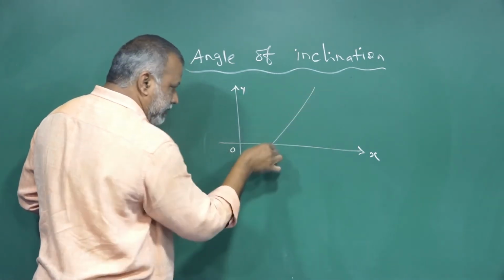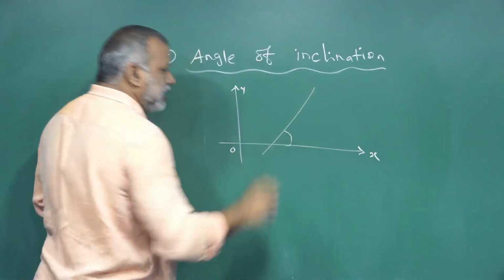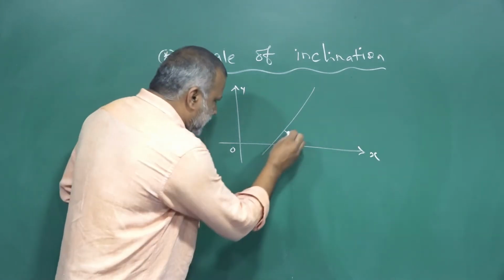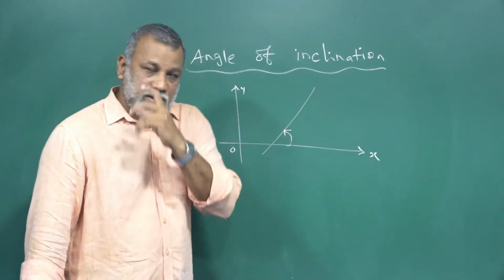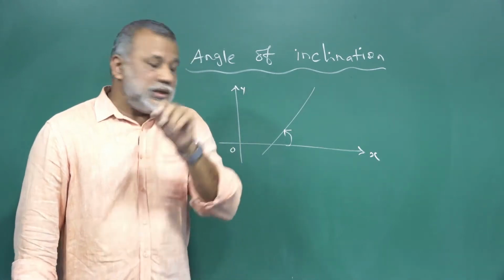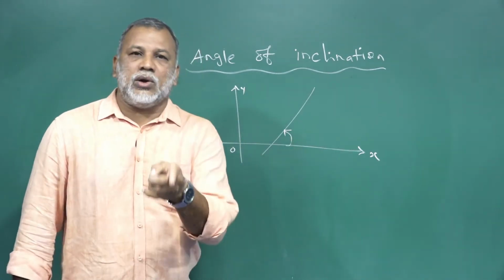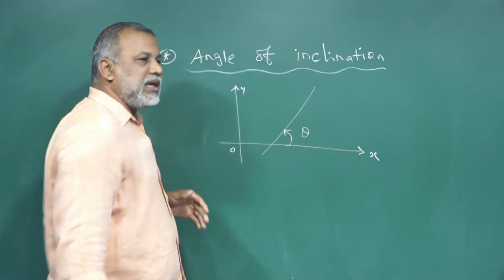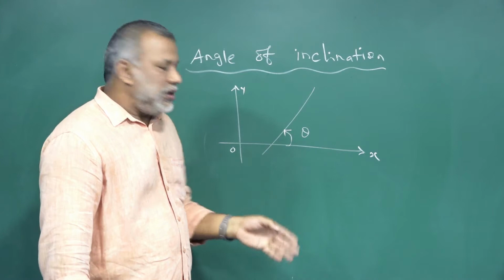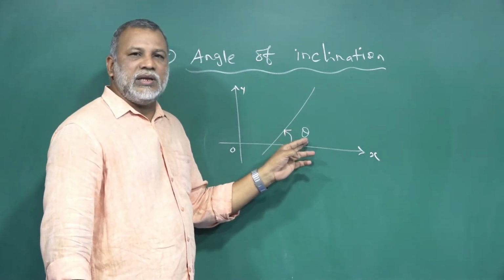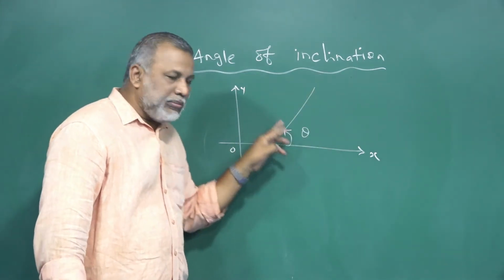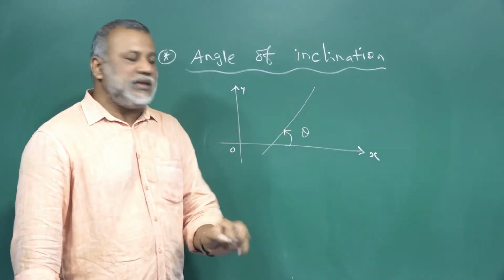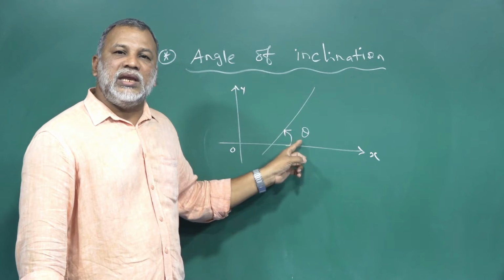A straight line makes some angle with the positive direction of the x-axis. The positive direction must be anti-clockwise. So it makes some angle theta. This is called the angle of inclination: the angle a straight line makes with the positive direction of the x-axis.